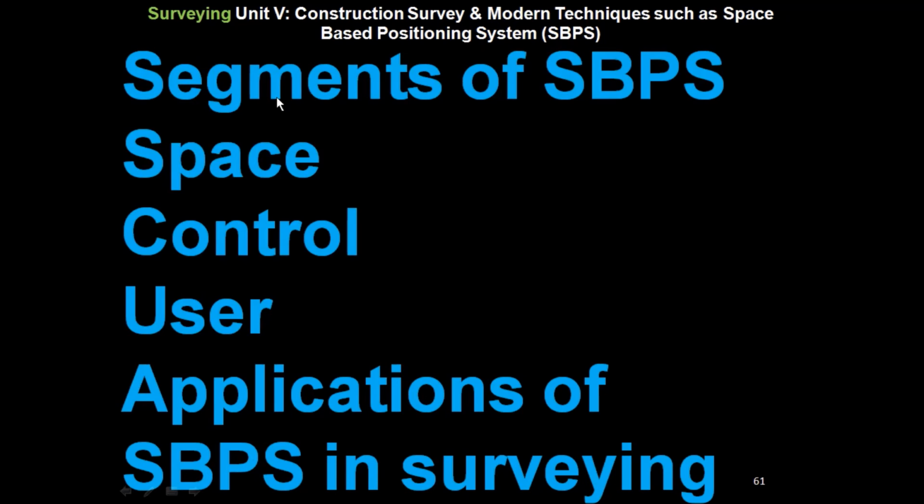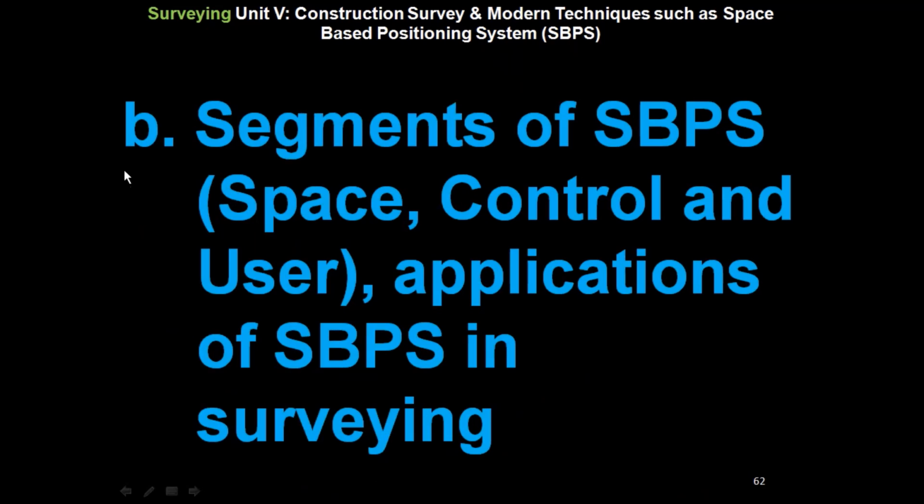We have also seen the segments of SBPS, the space segment, control segment and user segment. So we have seen part B, segments of SBPS, space, control and user, and applications of SBPS in surveying.